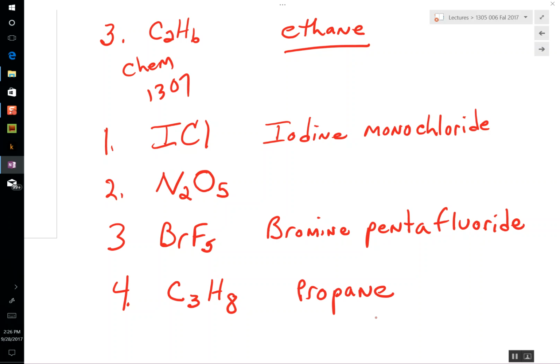Propane. Yeah, the little white cylinders underneath your grill. That's what's in it. If you went to Lowe's and asked them for some tricarbon octahydride, they'd probably call the manager and say, we got a really strange customer on here. I don't know where they're from. From the moon. They would have never, ever heard propane called that, okay? If you went down to one of my colleagues and asked them for some tricarbon octahydride.